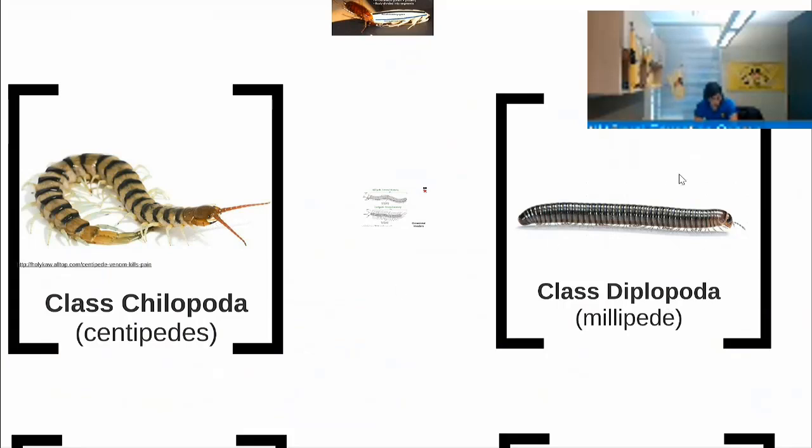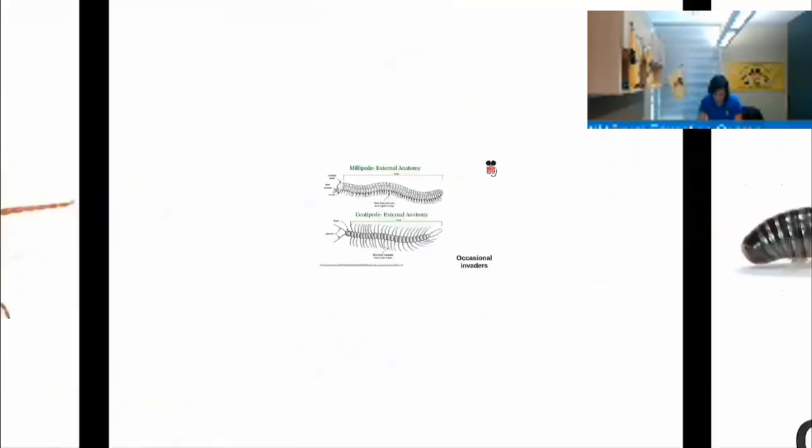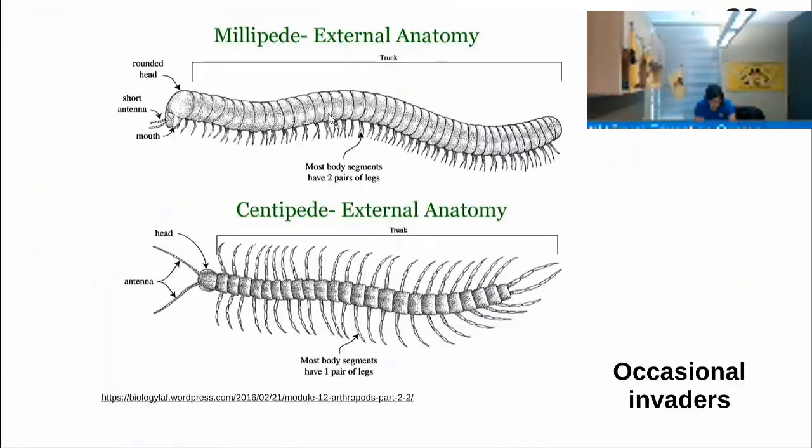The millipede, they don't have venom, and when they feel threatened, they roll into a ball. Very interesting. The millipede has overall two pairs of legs per segment, so 4 legs, rounded head, short antennae, the mouth, and the body divided in 2 parts, the trunk and the head.